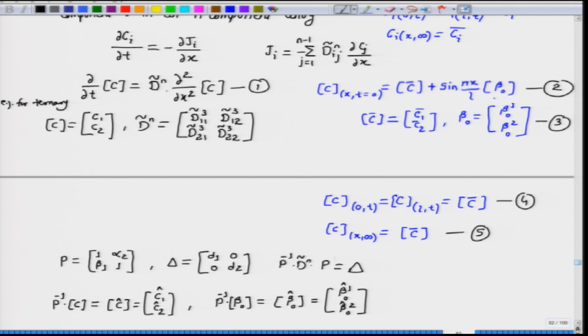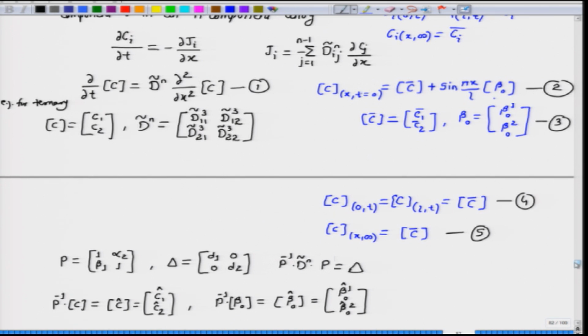Now we smartly insert the identity matrix P times P inverse in between, right. So we have P inverse times d tilde times P, and the P inverse times C gives the matrix C cap. Since we are assuming constant interdiffusion coefficients, we can take the matrix P inside the derivative.